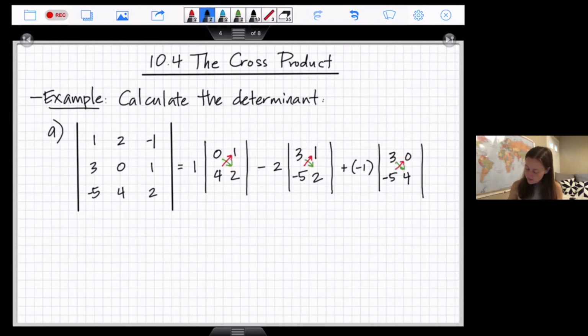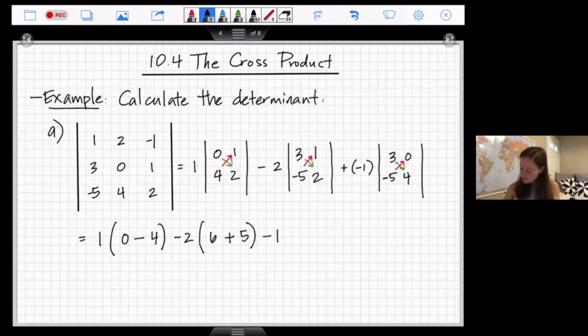All right, so I've got a 1 out front, and then I'm going to multiply on the down angle, 0 times 2, subtract, multiply on the up angle, 4 times 1 gives me 4. Middle term, I've got -2, multiply on the down angle, and I've got 3 times 2 is 6, minus, multiply on the up angle, and that is -5 times 1. So I've got minus a -5.